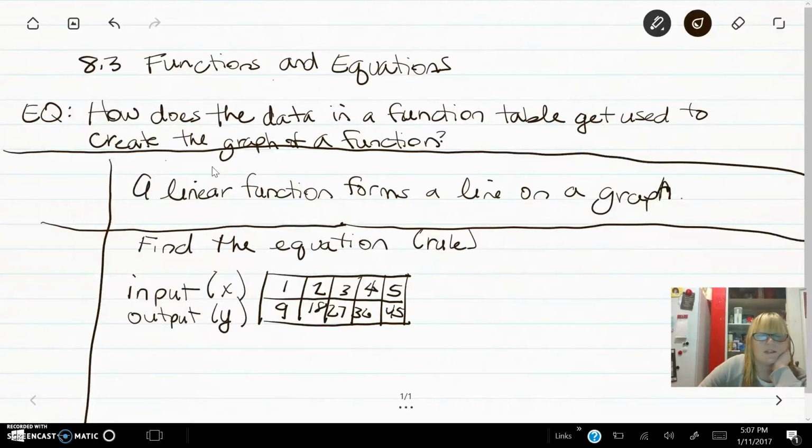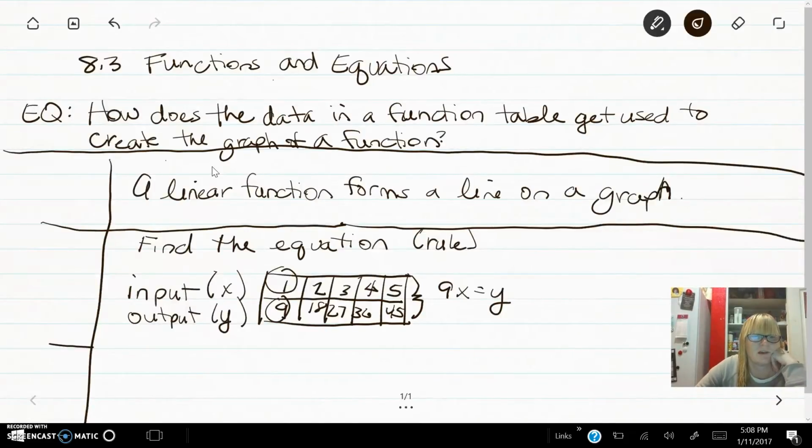If I add 8 to 2, that doesn't give me 18. If I times 2 by 9, then I get 18. So multiplication works. So my equation is 9x equals y, right? Because this is x and this is y. So 9 times x equals y.